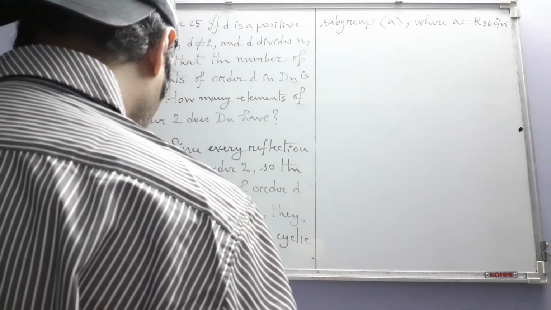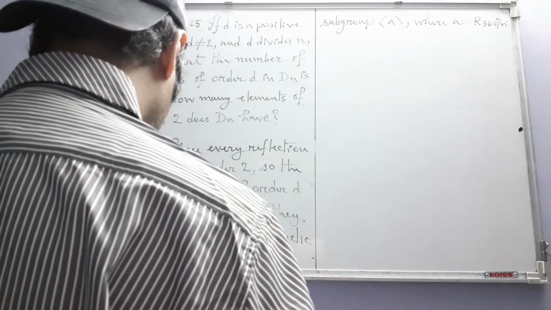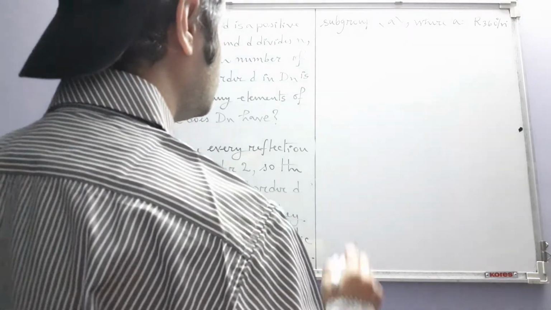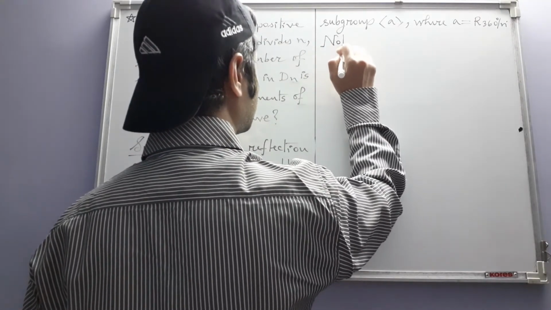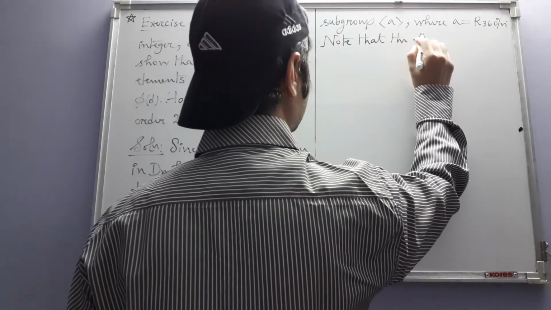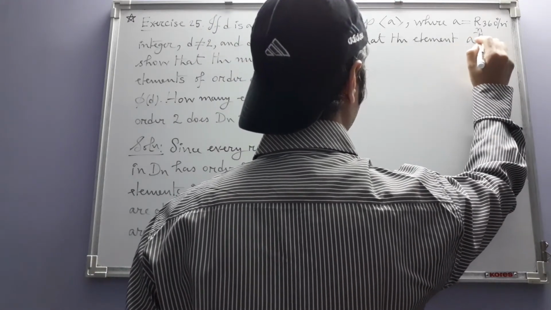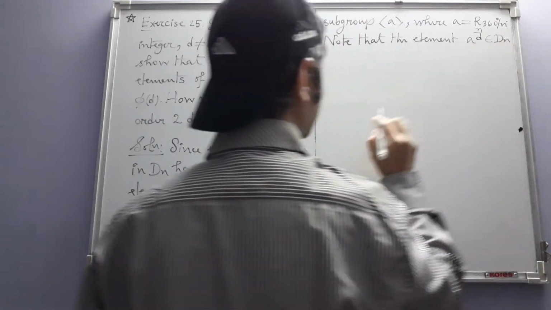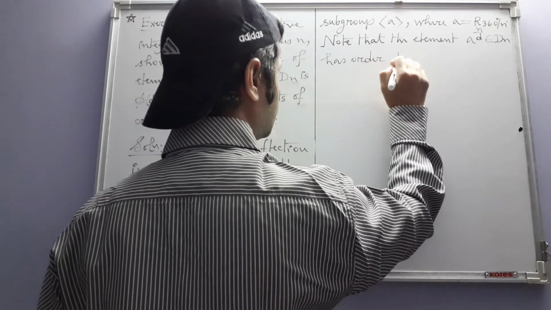Now note that the element a to the power n by d, belonging to Dn, has order d.